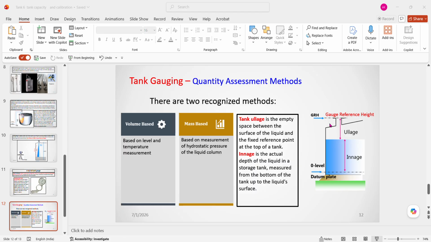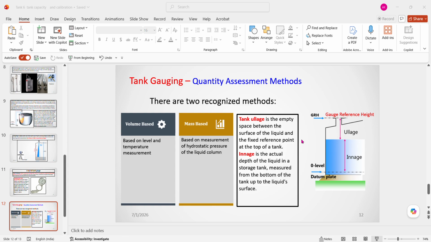You start the motor, the wire comes down, and when it touches the fluid, you come to know. It is highly accurate for custody transfer. It is very important, as it helps you know how much level is there, physically.